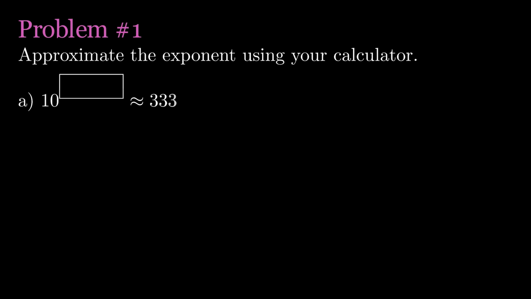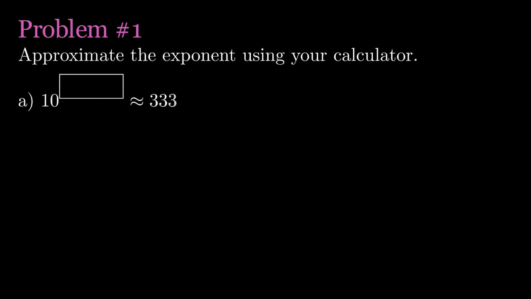We know that 10 to the power of 2 is 100 and 10 to the power of 3 is 1000. So let's start our search in the exponents between 2 and 3.